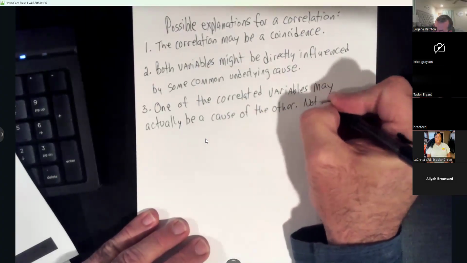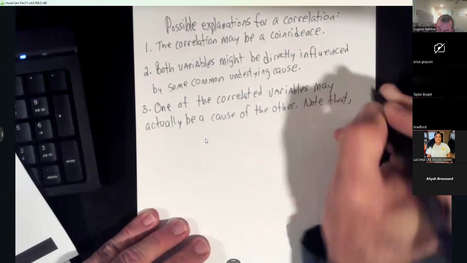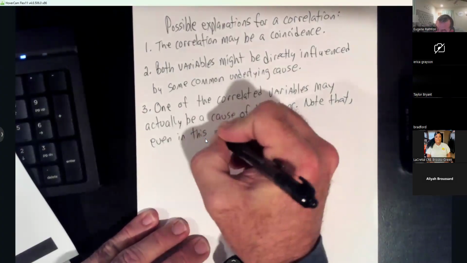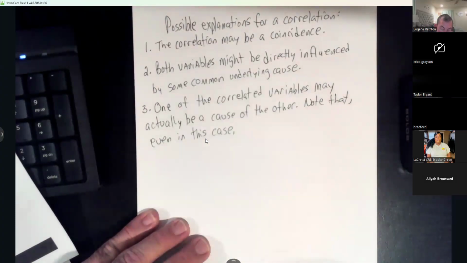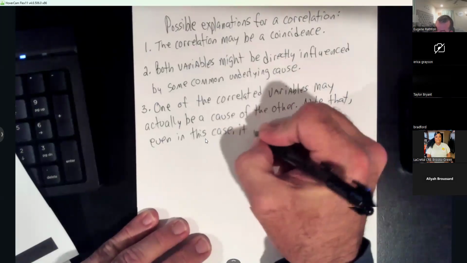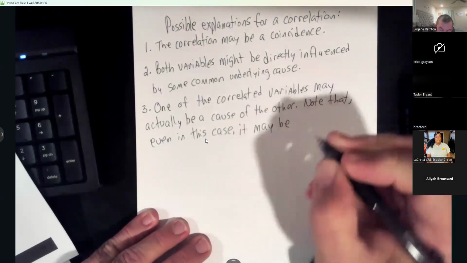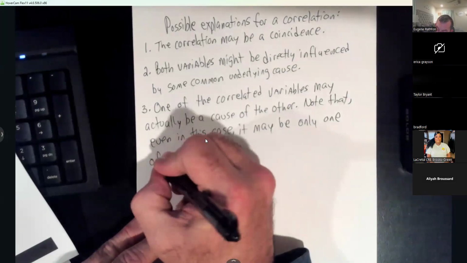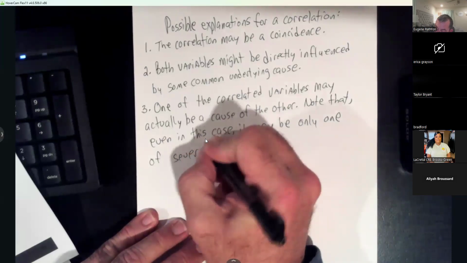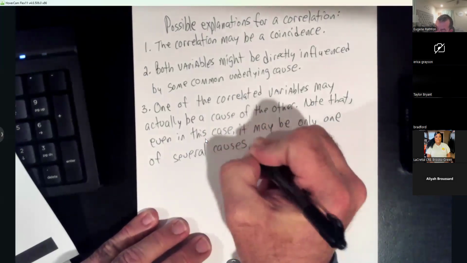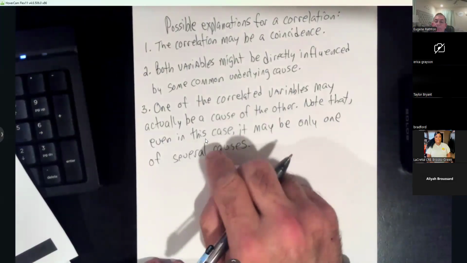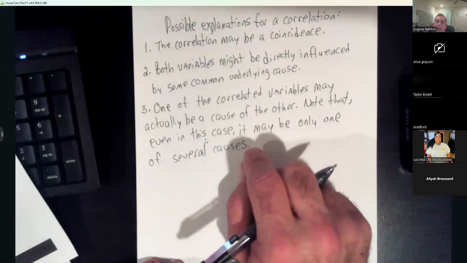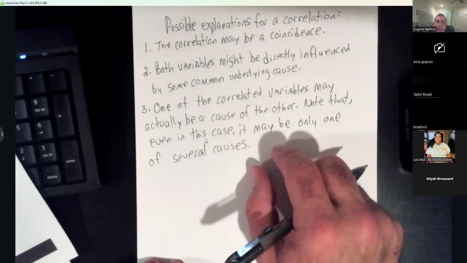And note that even in this case, it may be only one of several causes. So it might not be the main cause, but it could have an influence, and there might be several things that are influencing the correlation.